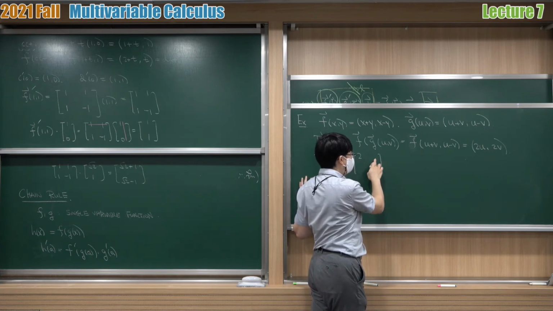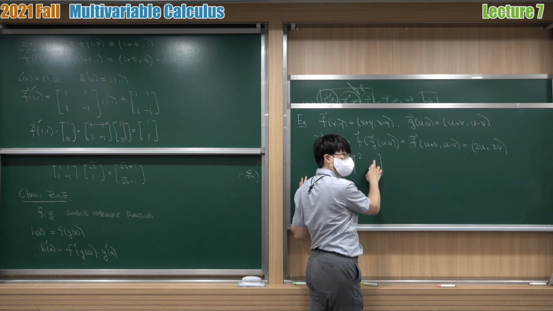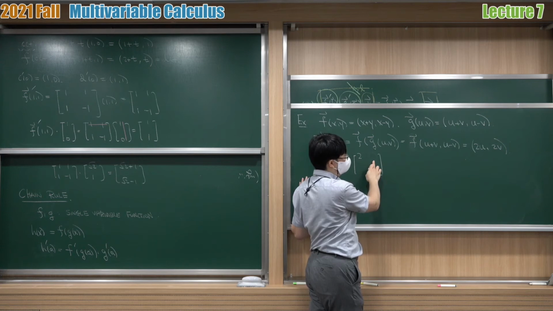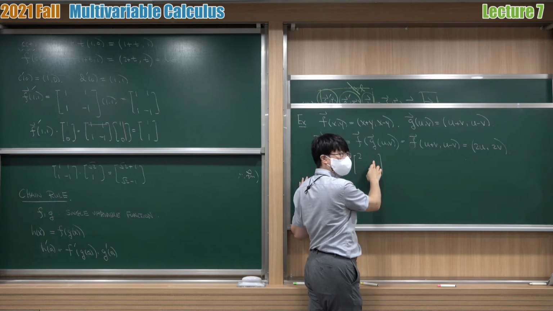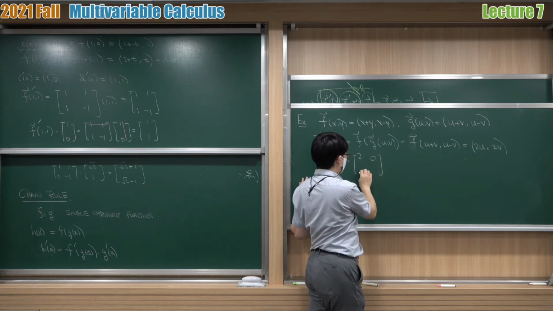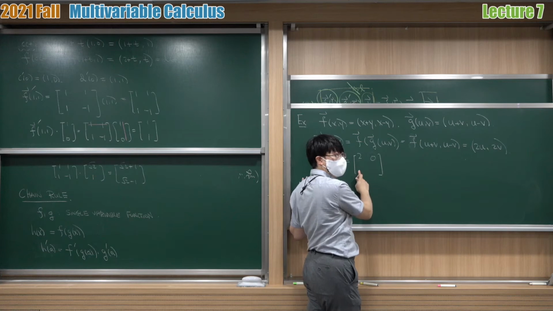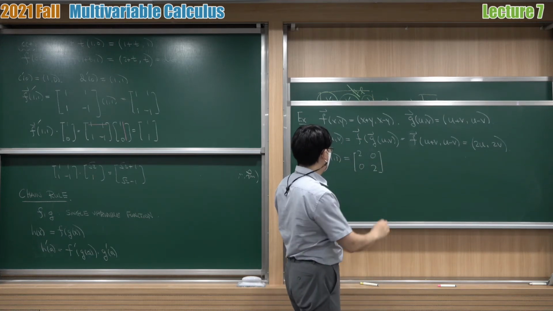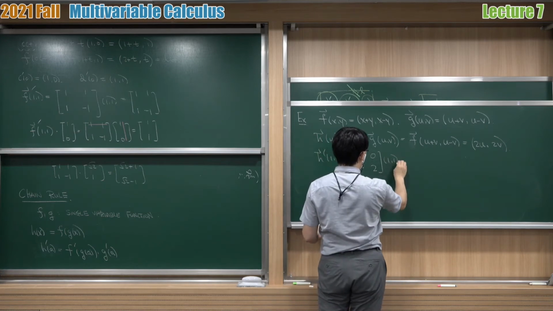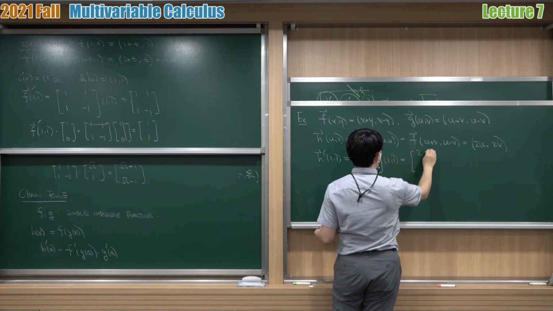And in here, you have to take the derivative of 2u by which variable, u or v? V, right? So when you take the partial derivative of 2u by v, what's the result? 0. How about the second row? 0, 2. Okay, so it's a constant. So in principle, you have to plug in 1, 1, but it's the same thing here. 2, 0, 0, 2.